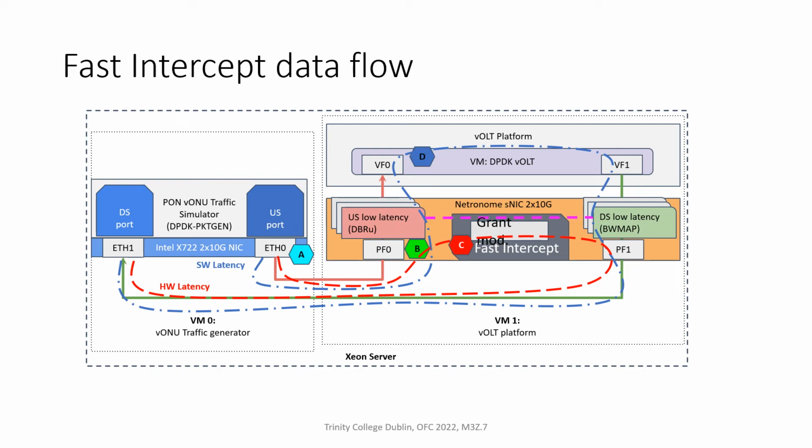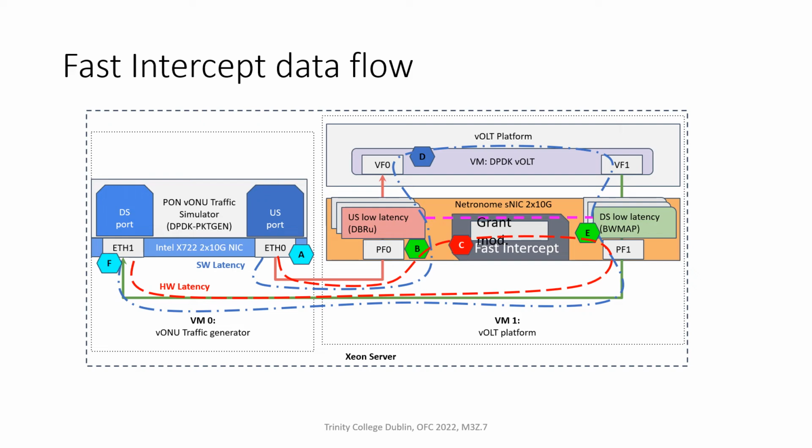At D, all XGEM frames are forwarded through the VOLT DPDK application, which will calculate a new bandwidth map based on the DBRUs that are arriving. At E, when the bandwidth map goes down to the Metronome Smart NIC, if a low latency DBRU arrives at the Smart NIC, the P4 fast intercept mechanism merges it with the bandwidth map, changing the start time and grant size fields to accomplish the low latency requirements.